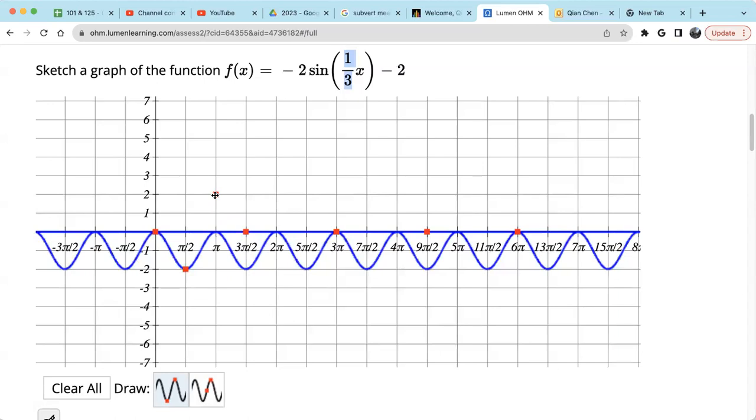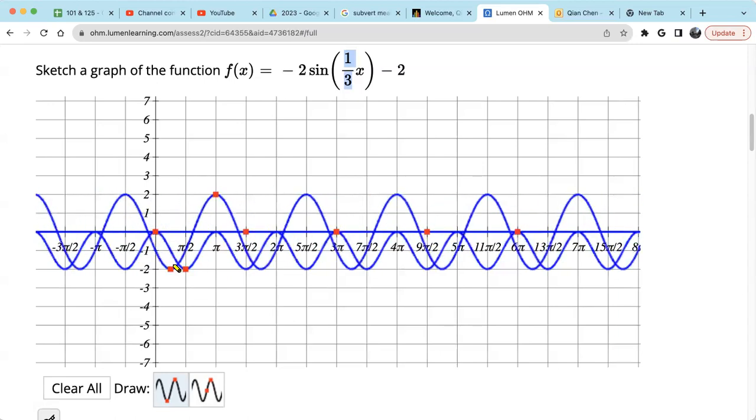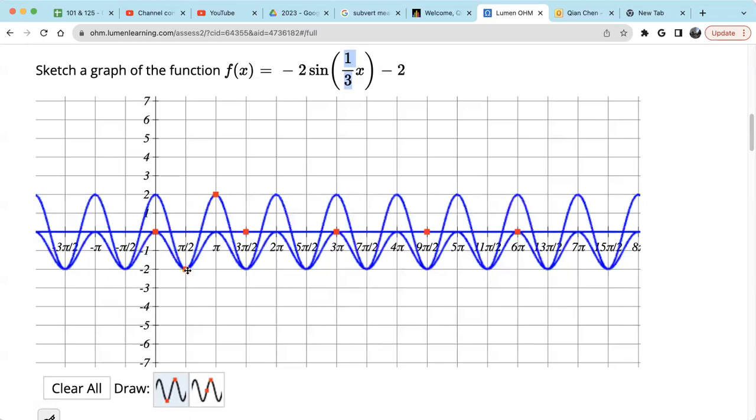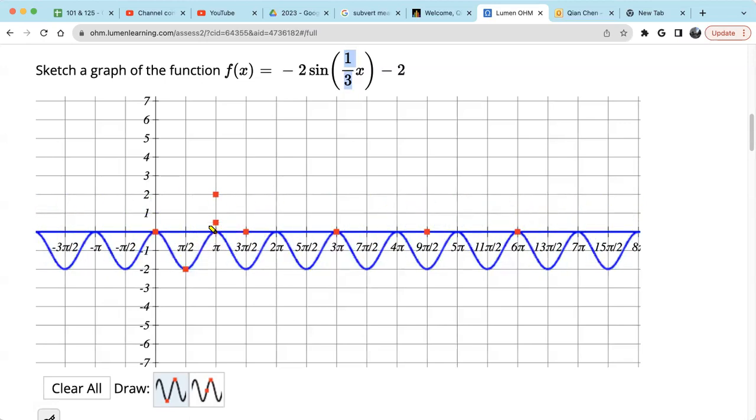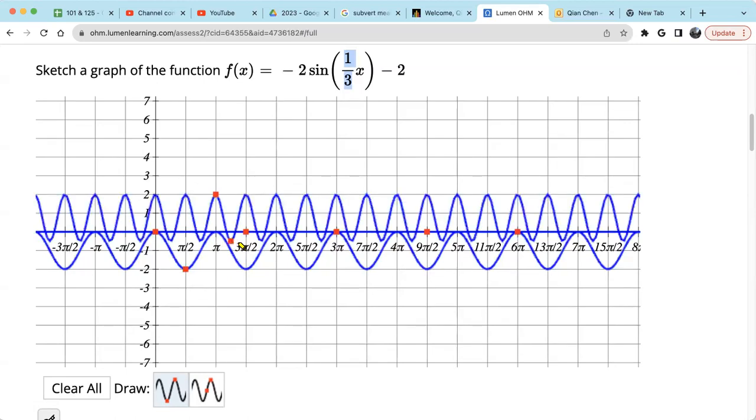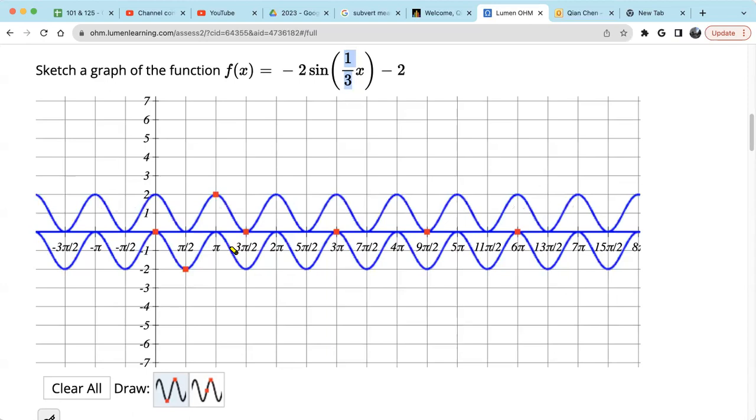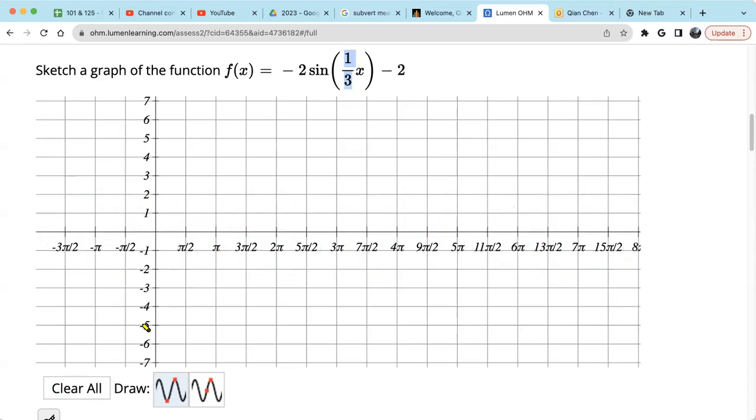Sorry, I'm not used to doing this. Basically, the graph should go from (0, 0) to (pi over 2, -2), then goes to, not this point, this point. Hold on a second, let me clear off again.